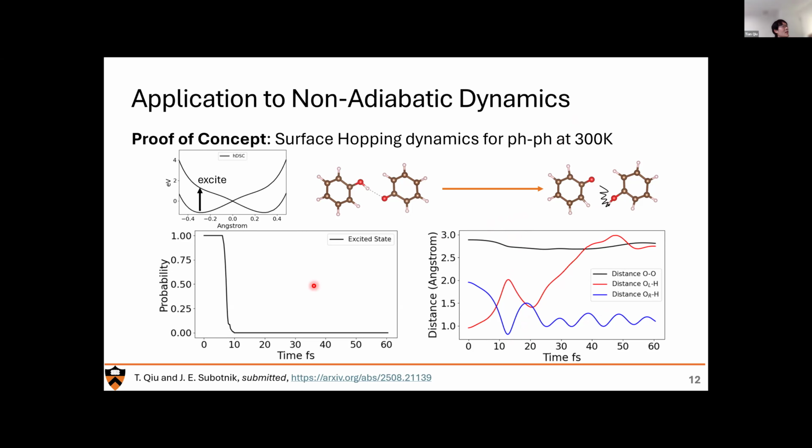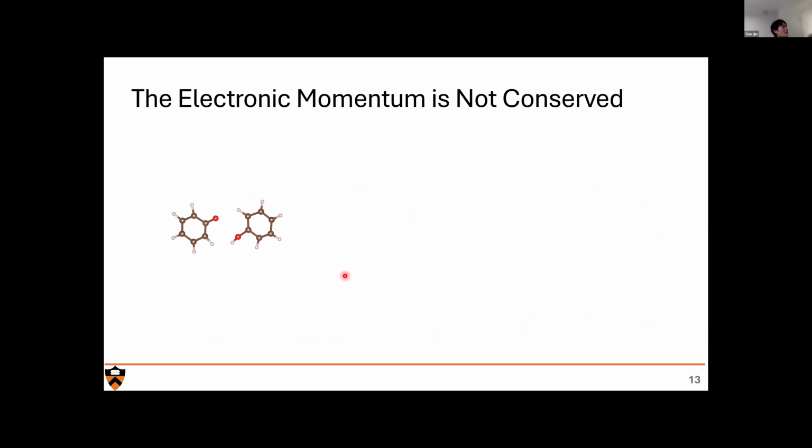But when we try to examine some properties of our result, we find something that's a bit odd. What we find is that for these processes, if we compute the momentum of the system, we should have expected that the total momentum is a constant as a function of time. And that's indeed what happened for the nuclear momentum.